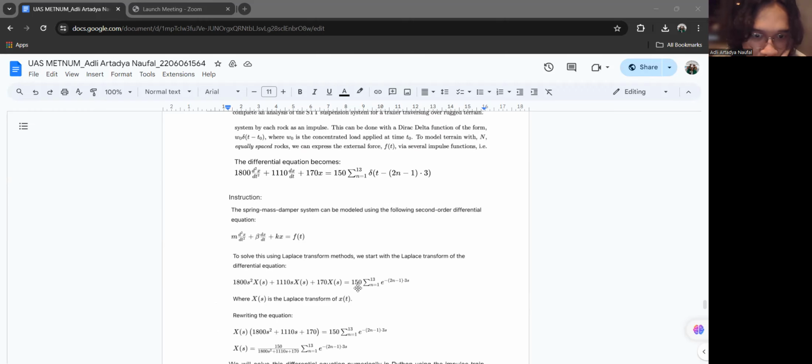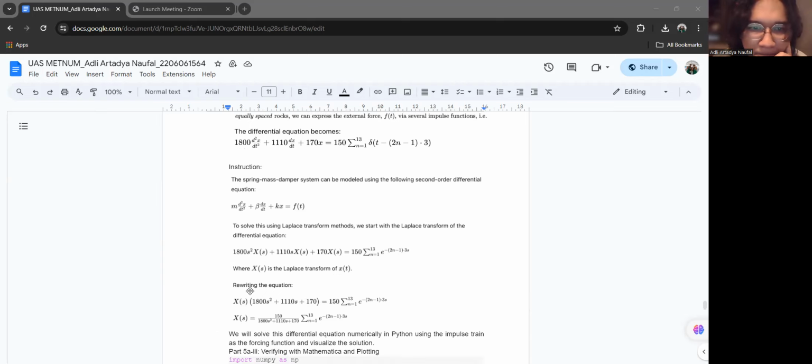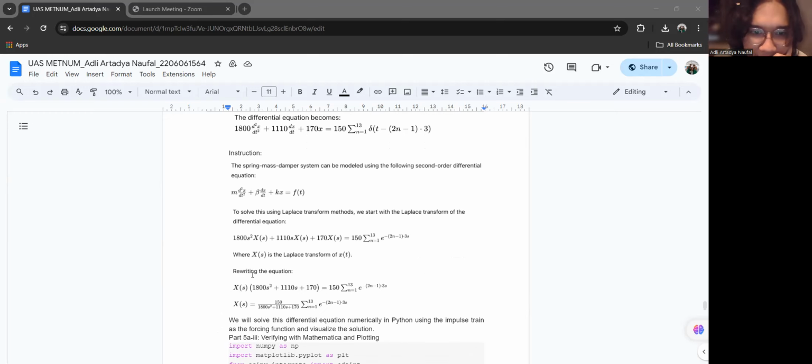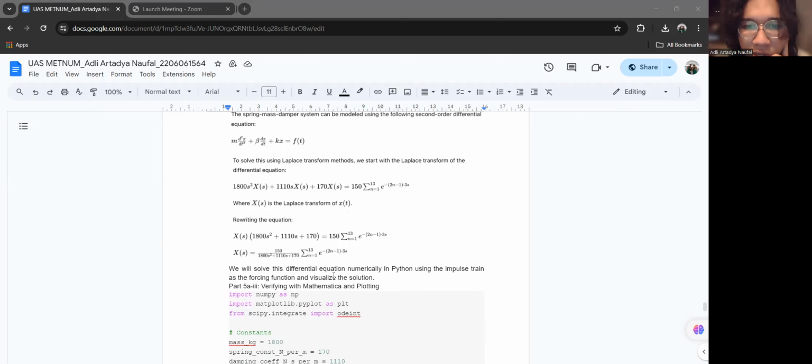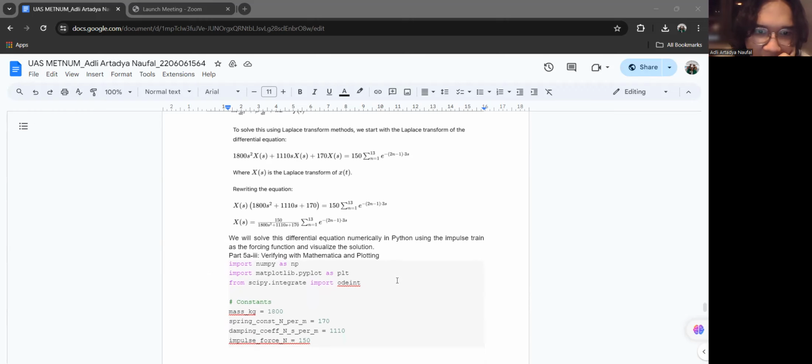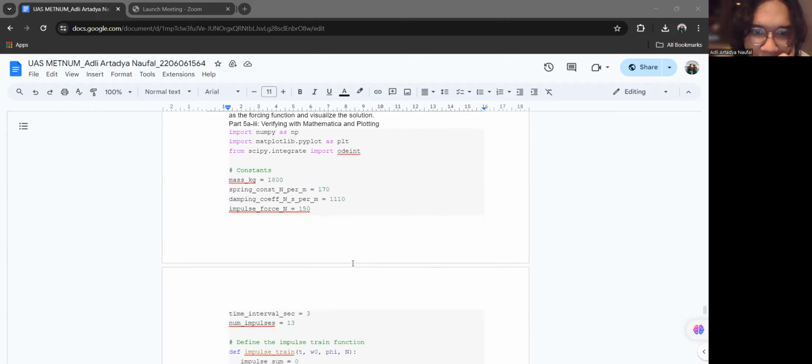After we Laplace transform, where X(s) is the Laplace transform of the x function, rewriting the equation like this, we will solve this differential equation numerically in Python using the impulse train as the forcing function and visualize the solution. And this is the Python code.